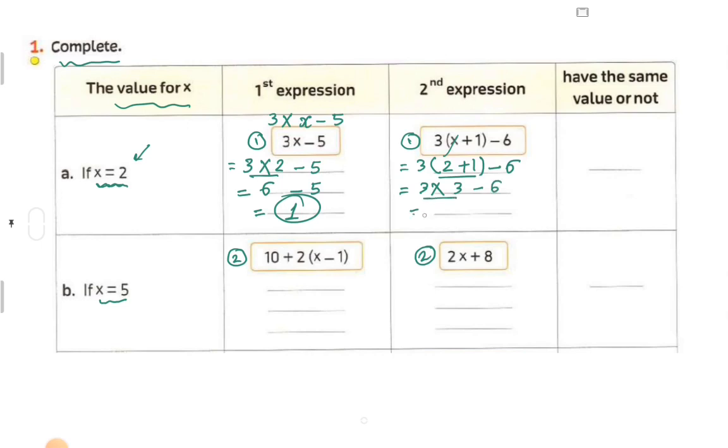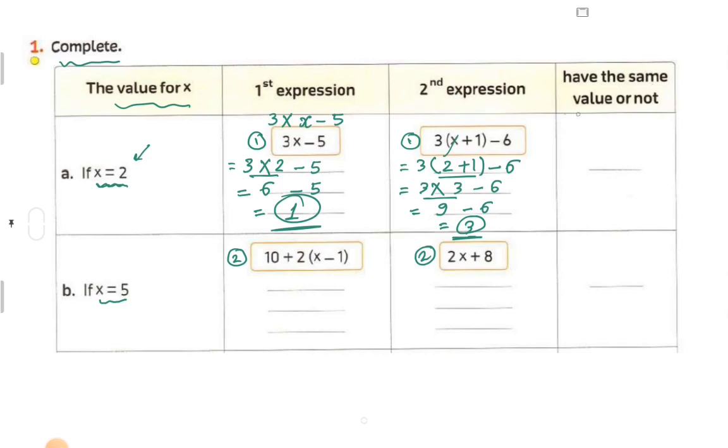Start with multiply. 3 by 3 equal 9 minus 6 equal what? Equal 3. Now we have two different results, 1 not equal to 3, so these two expressions are not equivalent.